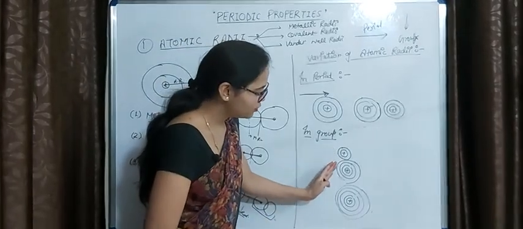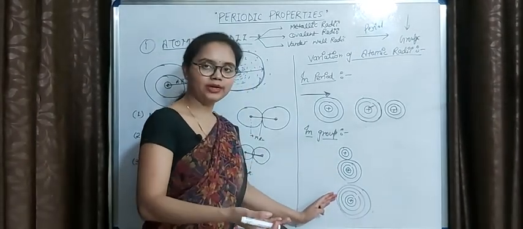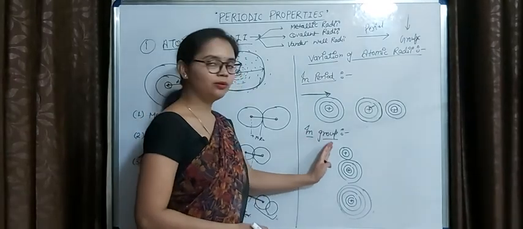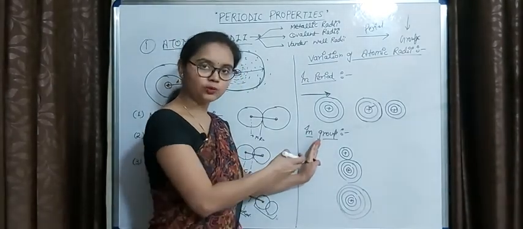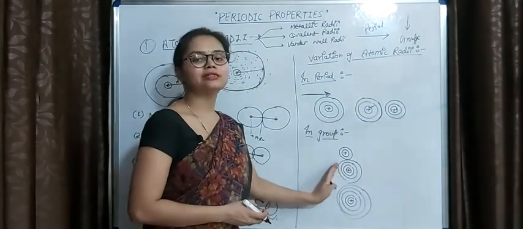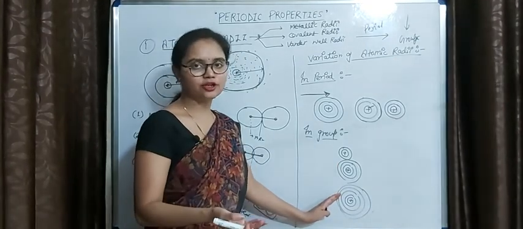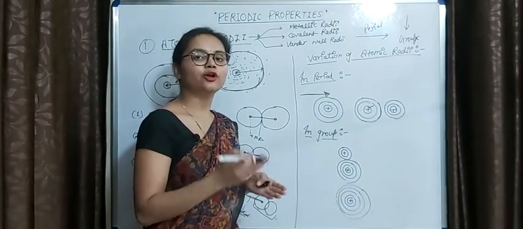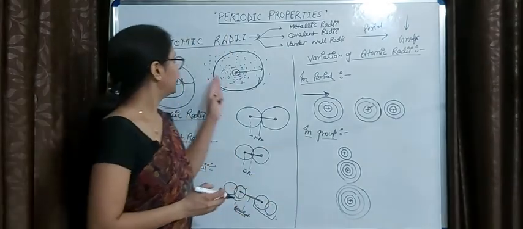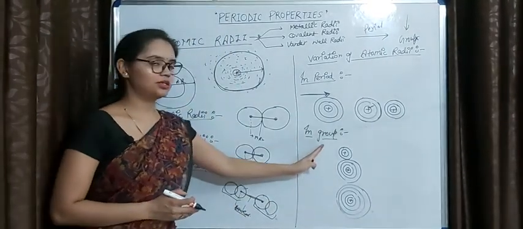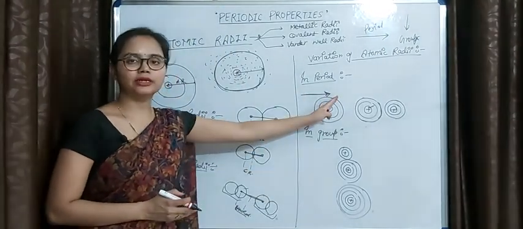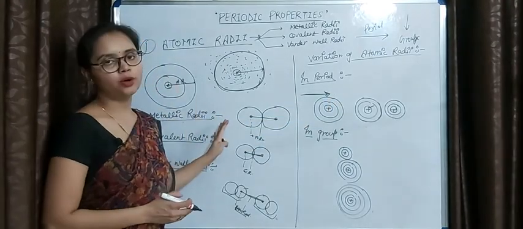Because of the addition of new orbits, when we move in groups from up to down, the size will increase because of the increase in the number of orbits. So atomic radii increases in groups and decreases in periods. This is all about atomic radii.